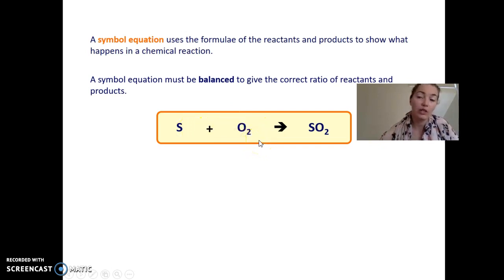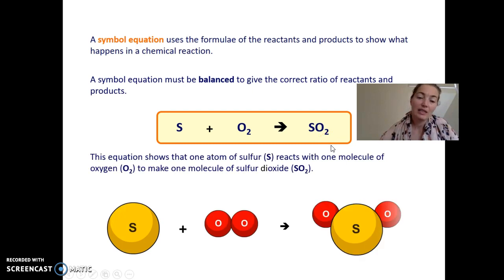And rather than the word oxygen, we're showing that it is an oxygen molecule of two oxygen atoms. An arrow, a chemical reaction has occurred, and the product, sulfur dioxide, written as a symbol. And here we have another cartoon or symbolic representation of the sulfur atom, the oxygen molecule, and the product, sulfur dioxide.